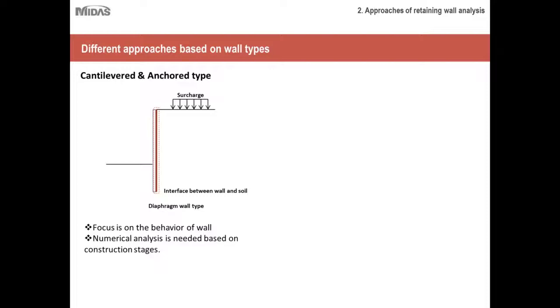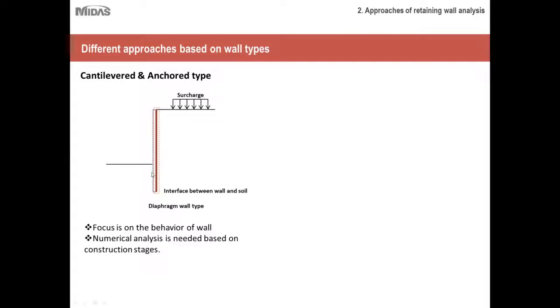So when we do a numerical analysis, we must consider how this wall was constructed. Sometimes when you are dealing with tall walls, they are not constructed in one shot, so they are constructed in increments or segments.